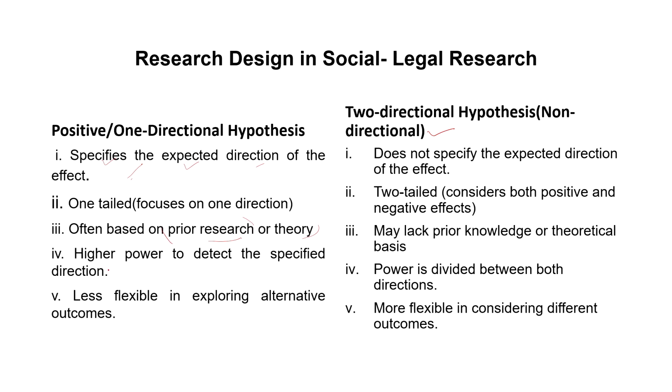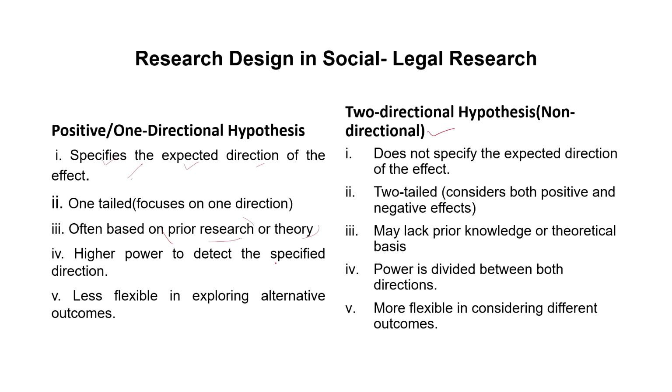Again, in the one directional hypothesis, the chances to detect the specified direction are much higher in comparison to the two directional hypothesis, because in a two directional hypothesis the power is divided between the two directions. It is not clearly described by the researcher.